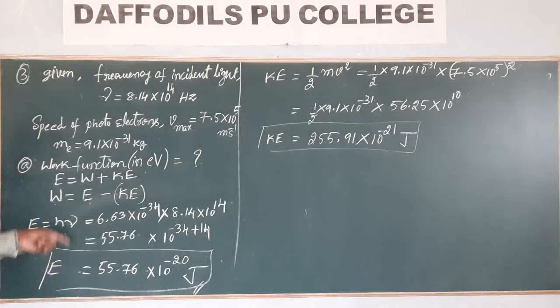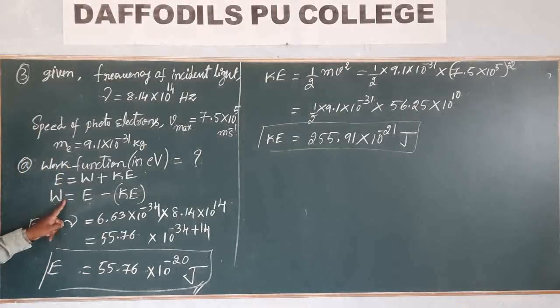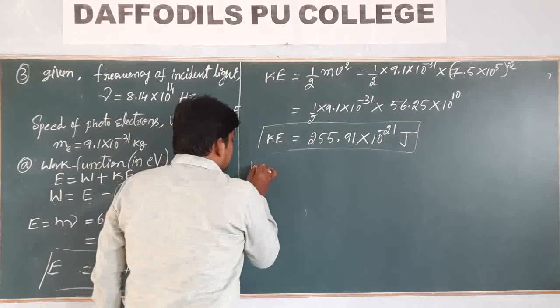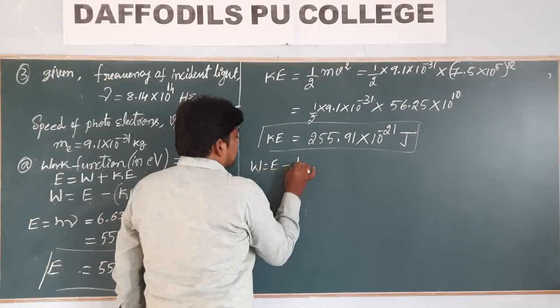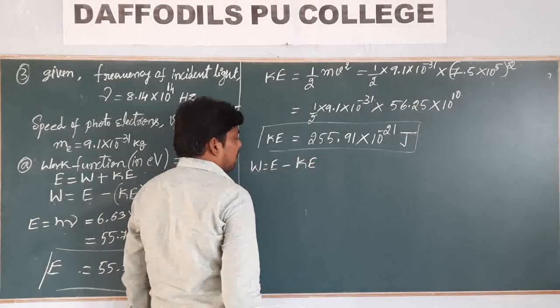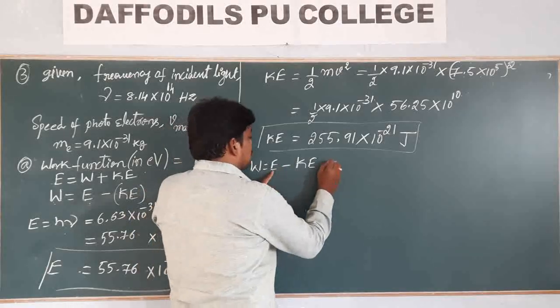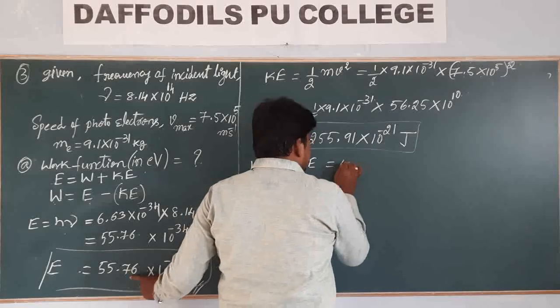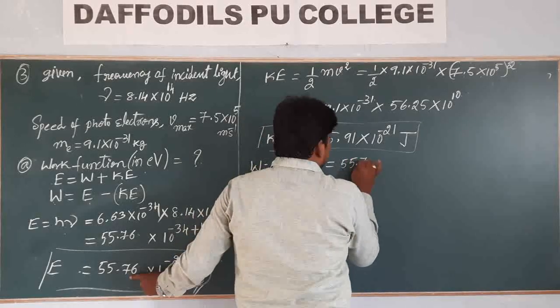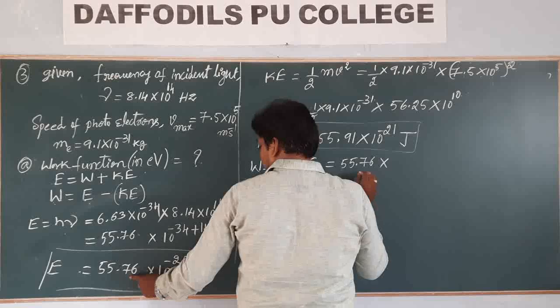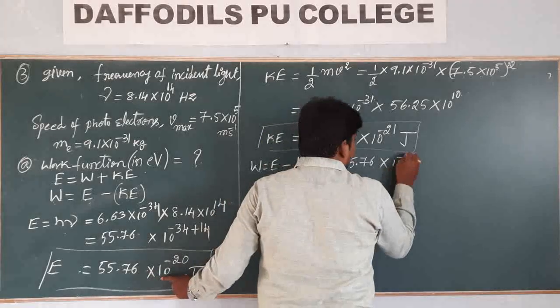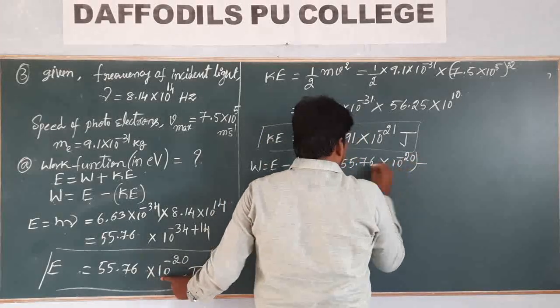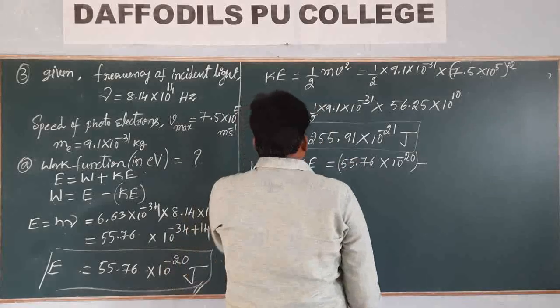But what do we have to calculate? Work function. Work function is equal to energy minus kinetic energy of the photoelectron. Now substitute the values. Energy is equal to 55.76 into 10 to the power minus 20, minus the kinetic energy value.